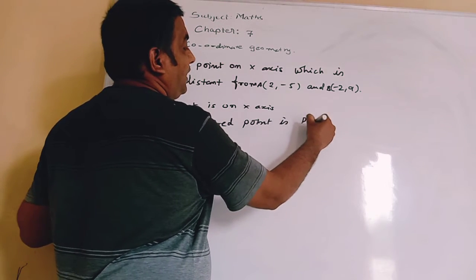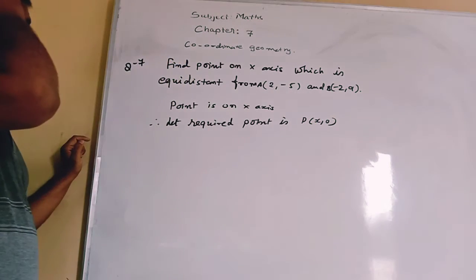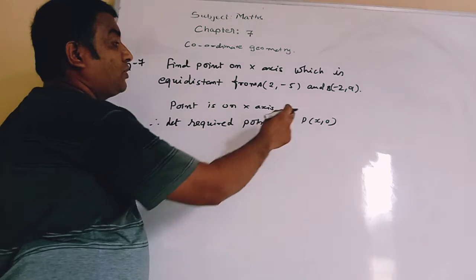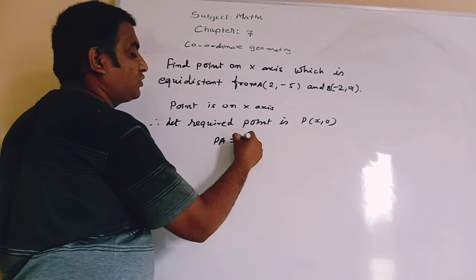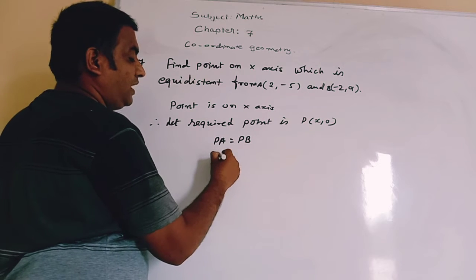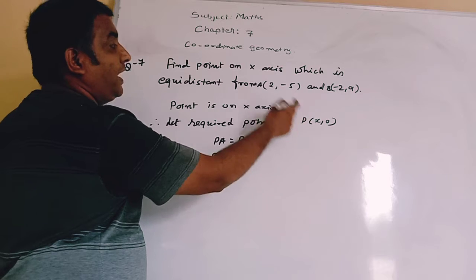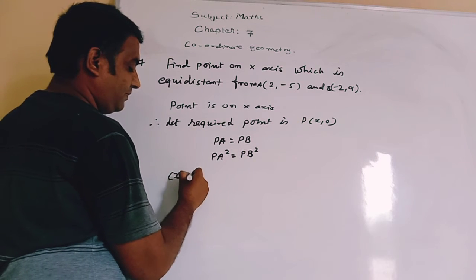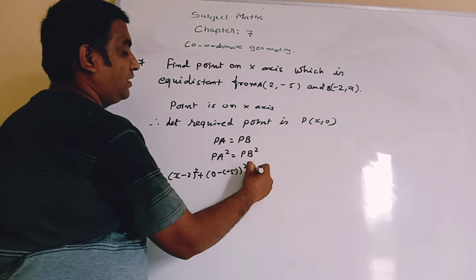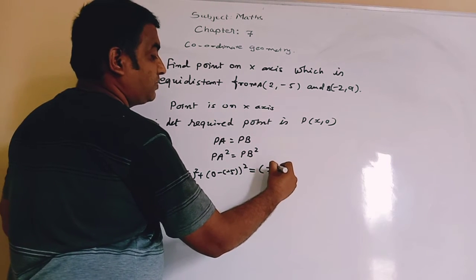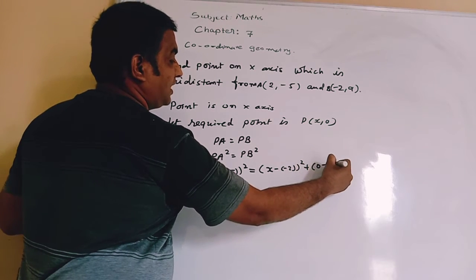P(x, 0). As we know, the point which is on the x-axis has y coordinate 0, and P is equidistant from A and B. So we can write that PA equals PB, and so PA square equals PB square. Therefore (x - 2) square plus (0 - 5) square equals (x + 2) square plus (0 - 9) square.